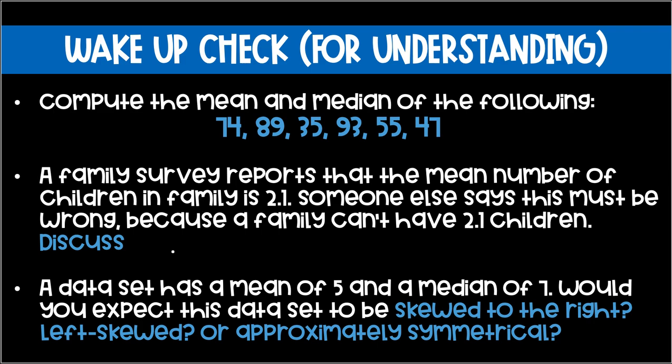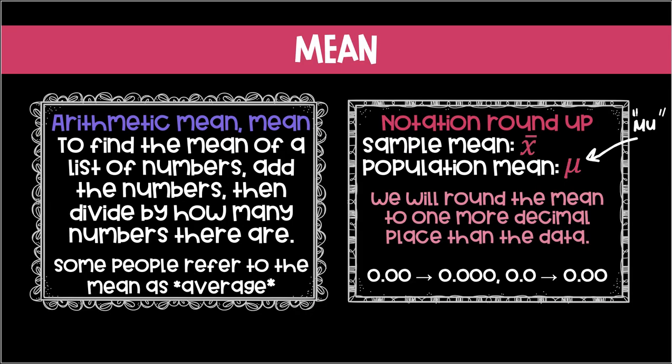Now for our second question. It says, a family survey reports that the mean number of children in a family is 2.1. Someone tells you that this must be wrong because a family cannot have 2.1 children. Why would this be? Feel free to pause this video and think about your answer, but let's discuss it. Remember, on one of our early slides, whenever we introduce the mean, we normally round our mean one more decimal place than the data.